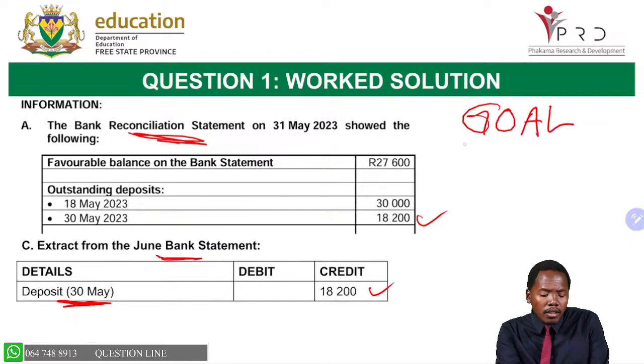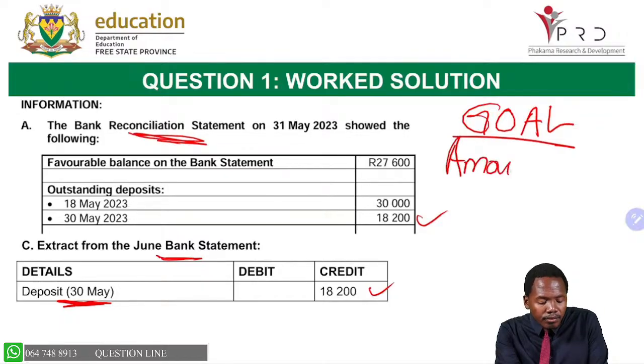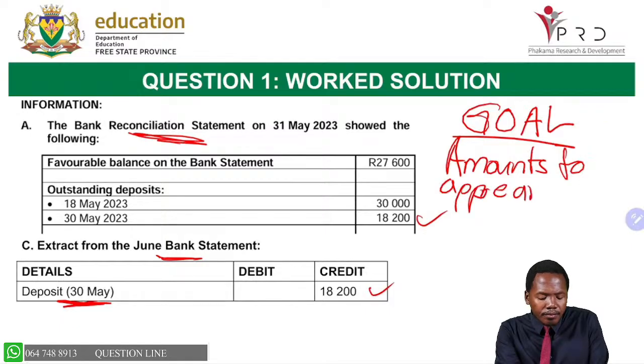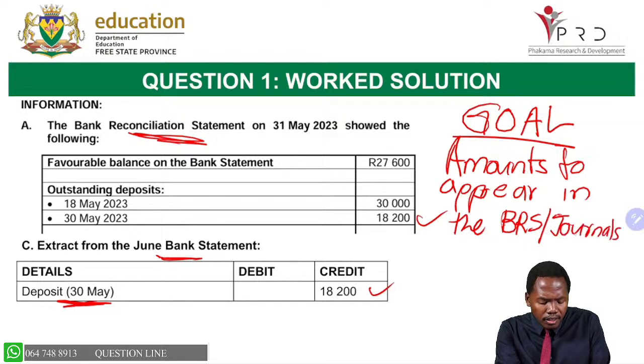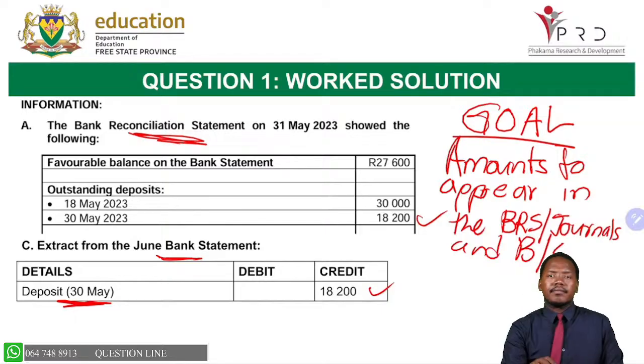Remember, what is my goal? What do I need? I need all amounts to appear in the BRS or journals and the bank statement.